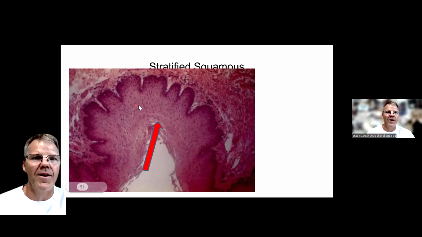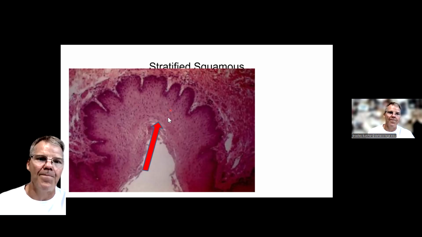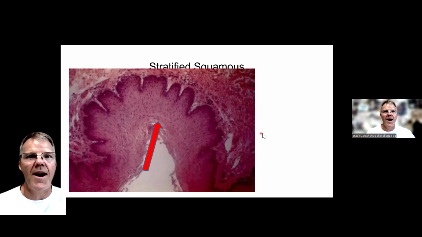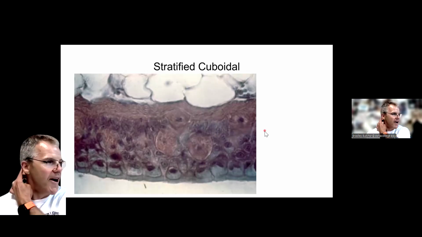All these other cells behind that, as they move out towards that apical surface, are going to get squished and squished and squished. That's stratified squamous.